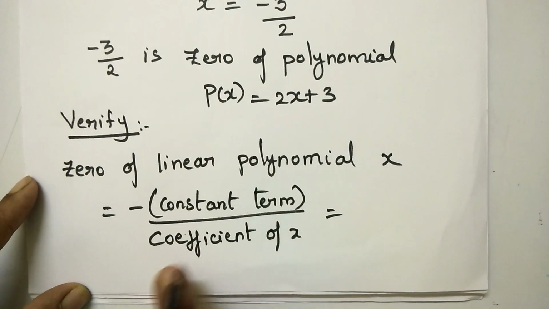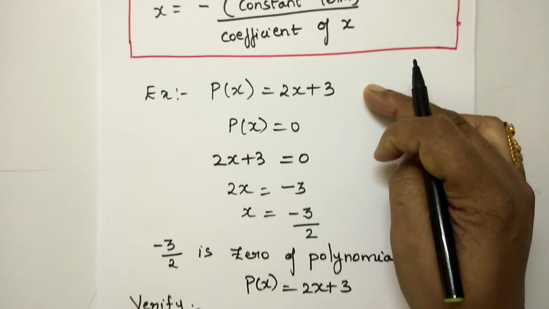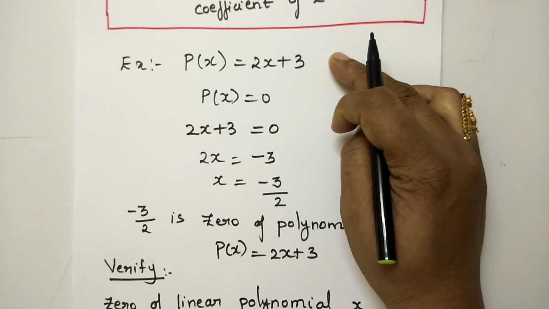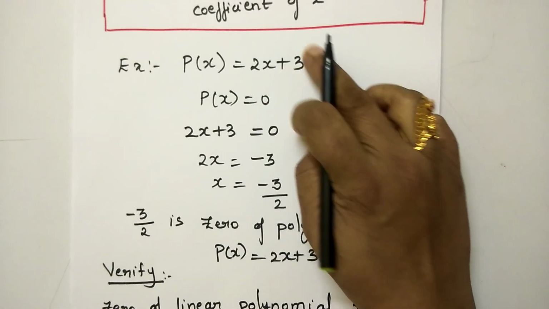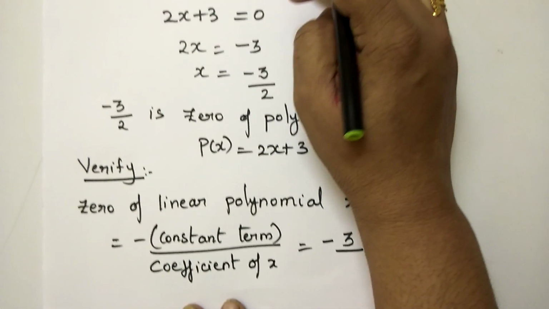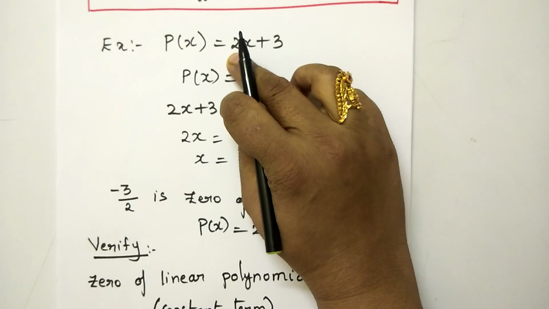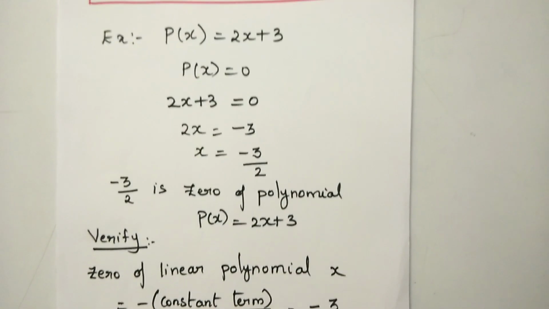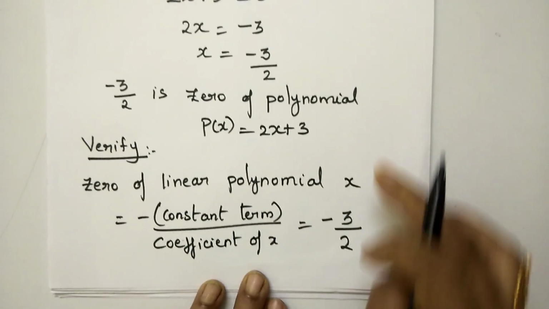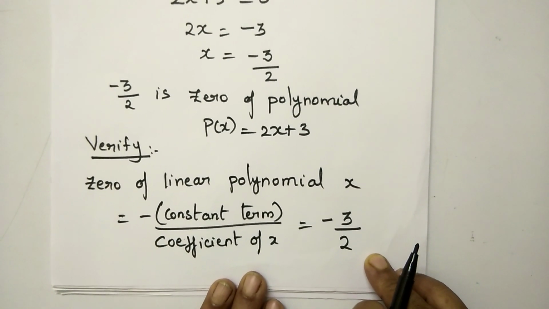Next, you take the constant term and the coefficient of x from the given linear polynomial. In case of this problem, the constant term is 3. Just write down here 3. In case of the coefficient of x, it is nothing but 2. Just write down here 2. So this becomes the zero of the linear polynomial. In both cases, we got the same zero of the linear polynomial.